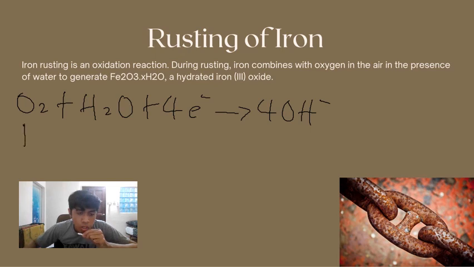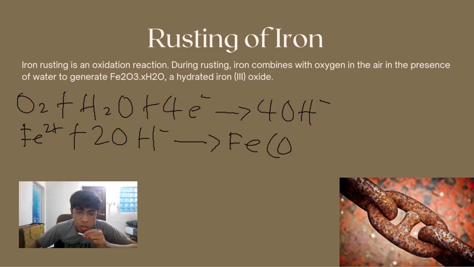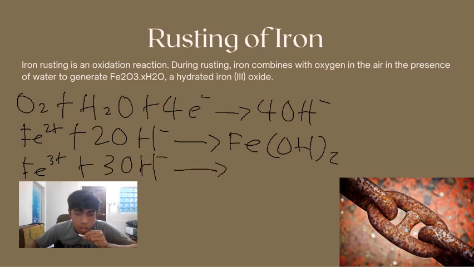The other one is Fe2+ + 2OH- → Fe(OH)2. The other iron hydroxide is Fe3+ + 3OH-. It becomes Fe(OH)3.